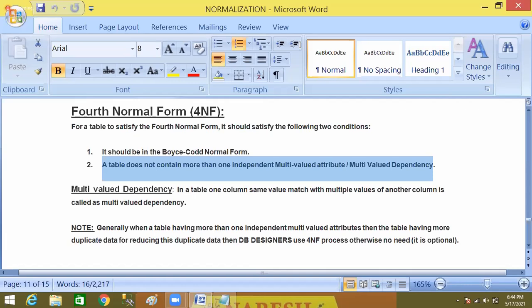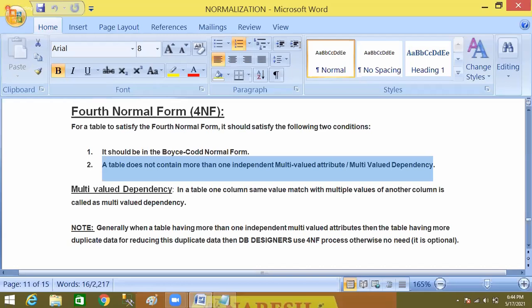Then you must immediately identify and remove those columns, meaning separate them. When your table has more than one independent multi-valued column, those columns must be separated.